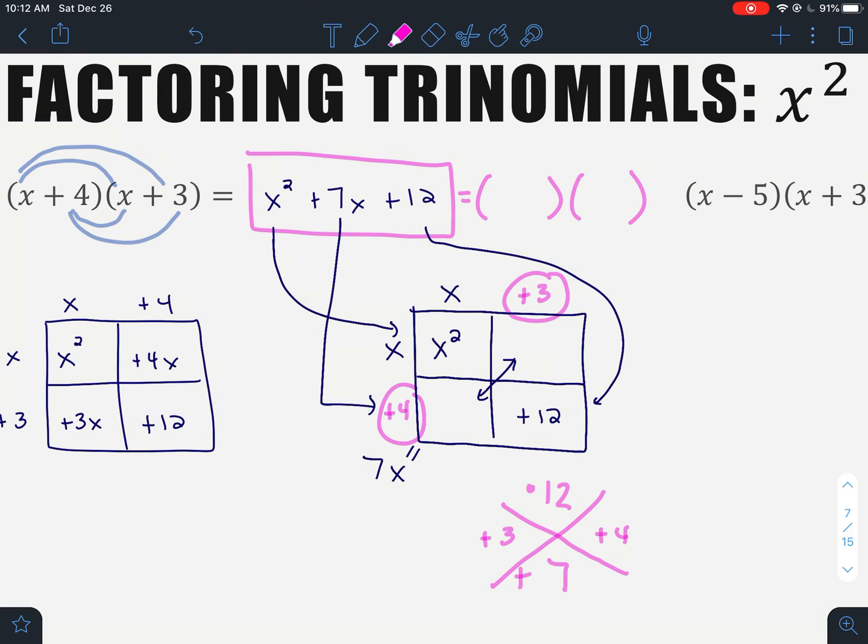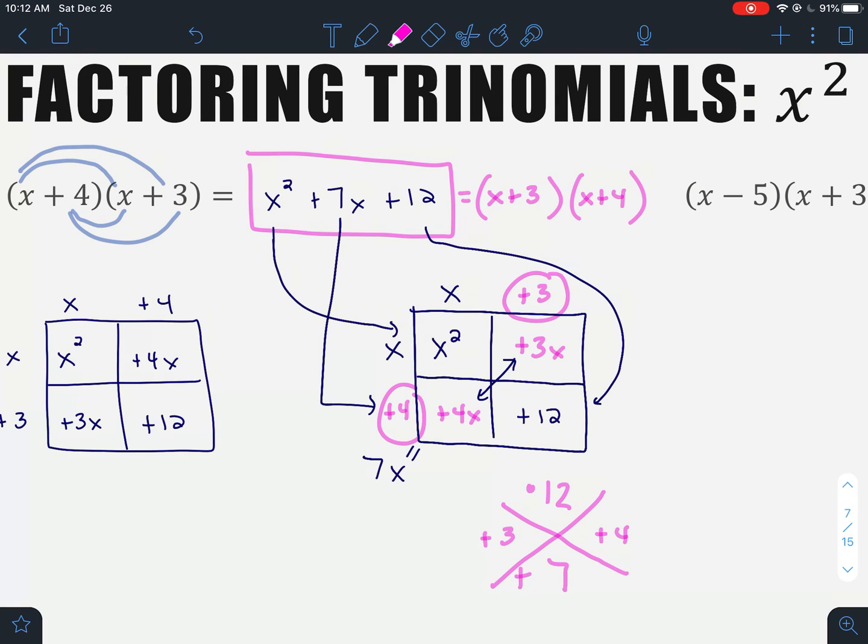That would be positive 3 and positive 4. So I need a plus 3 and a plus 4 to make that work, because then I would get the 3x and the 4x, and they would add to 7x, and 3 times 4 is 12. So I need x plus 3 and x plus 4.